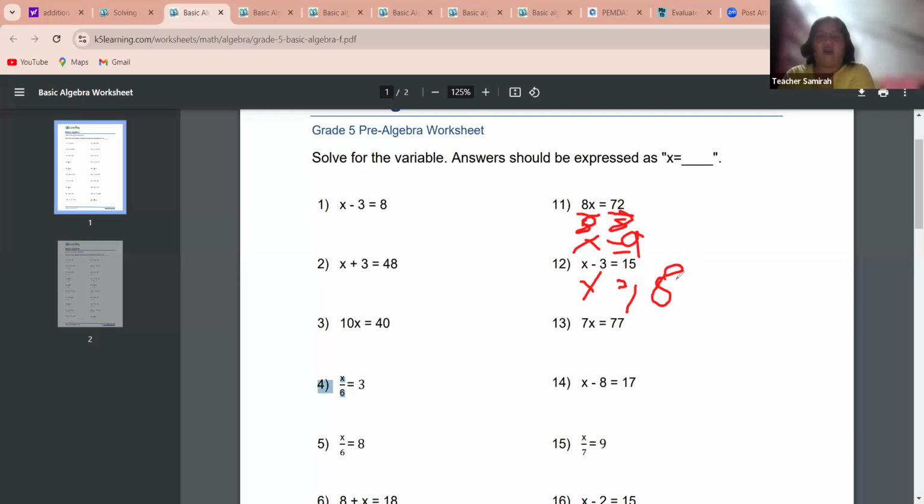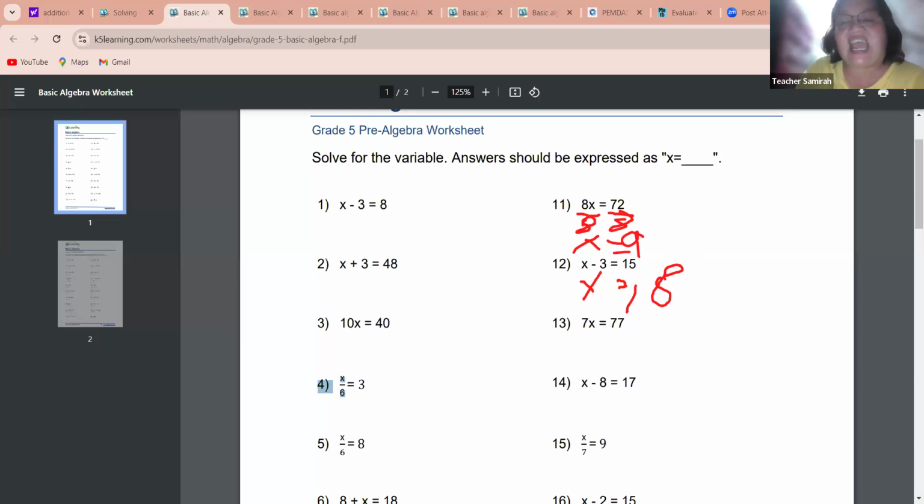Okay, number 13. Number 13, 7x is equals to 77, almost the same with number 3. 7x is equals to 77. So what will be our answer? 11. Wow! So 11 is actually the correct answer.